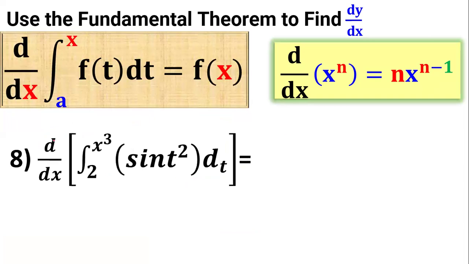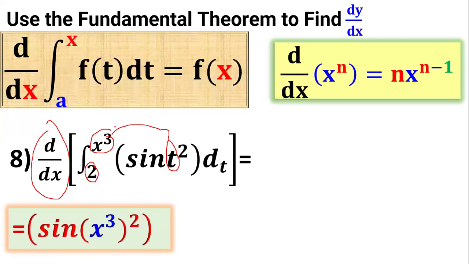So here also you are asked to find the derivative of the integration from 2 to x to the power of 3. The first step, replace t by x to the power of 3.